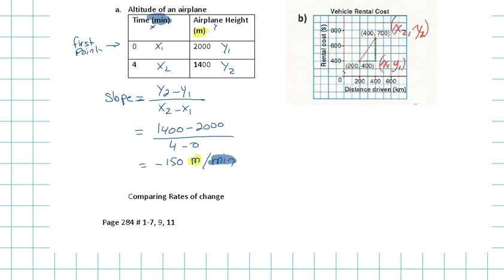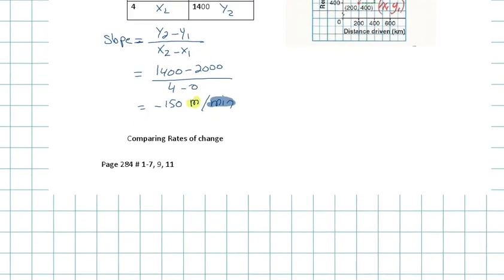Is it going up or down? Down. It's decreasing. So the height of the airplane is decreasing 150 meters per minute. It's going down to land.